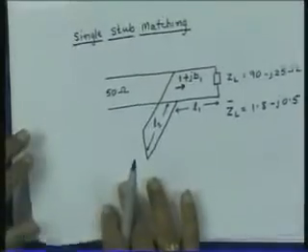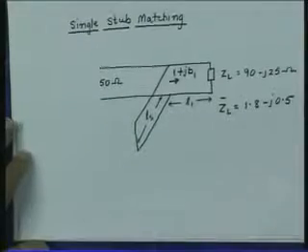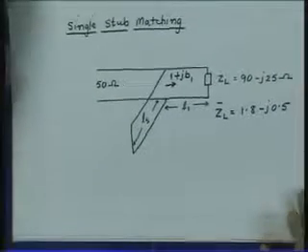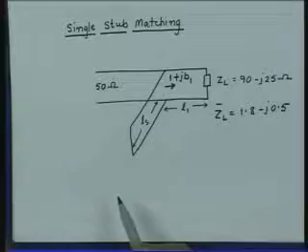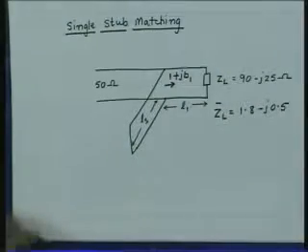So, in a single stub matching, if the impedance is given first and if the line is connected in parallel with the stub, then the first step is to convert the impedance into admittance. Beyond that point, treat the chart as the admittance chart. Do the movement on the constant VSWR circle on the admittance chart.